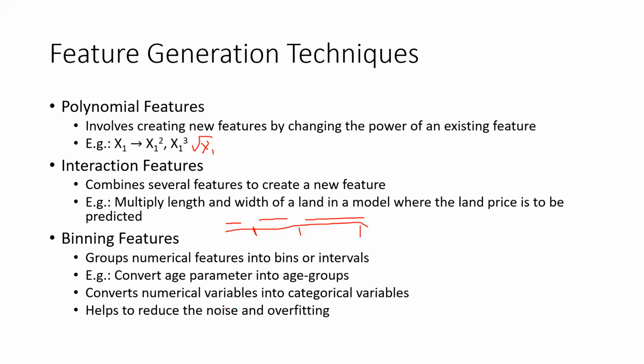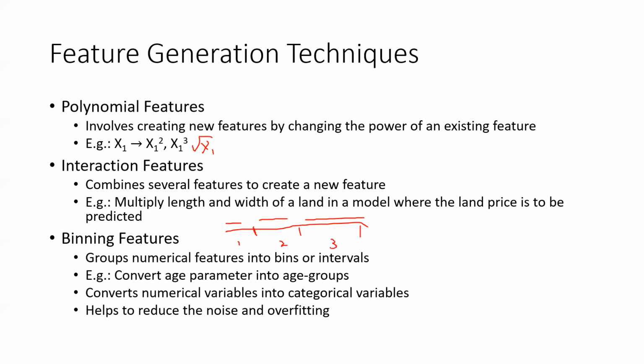So when you do the binning, it would help to reduce the overfitting, because this extra information or the noise that was there in this particular class will get eliminated once you remove all this continuous information and represent them with only a single class number, right?